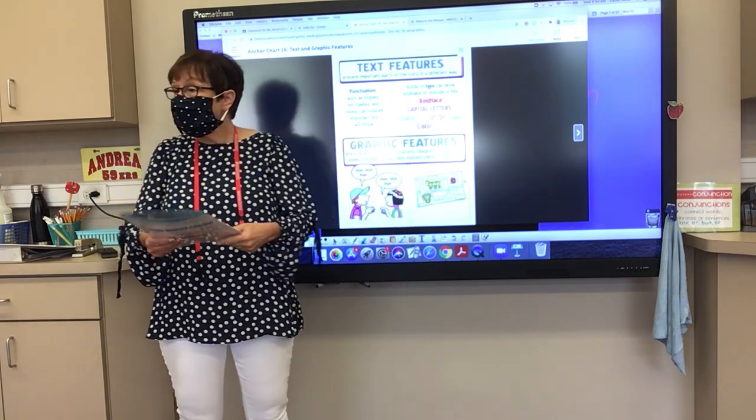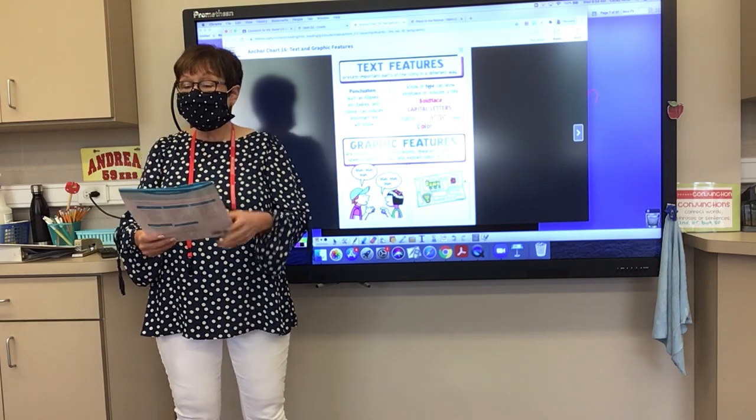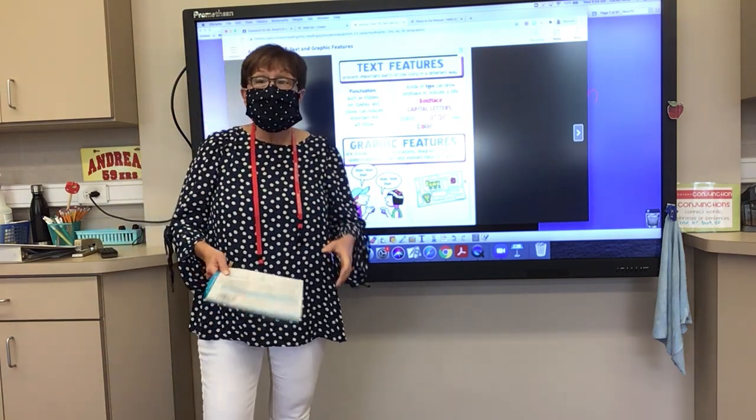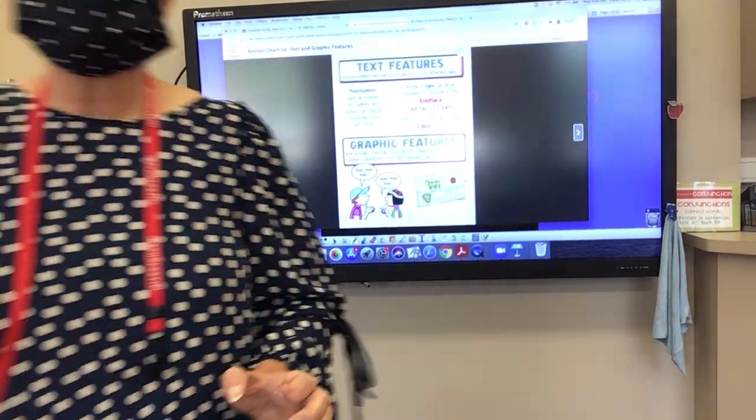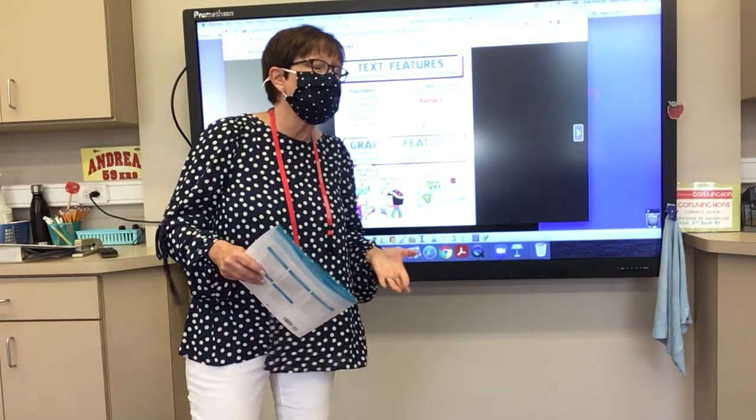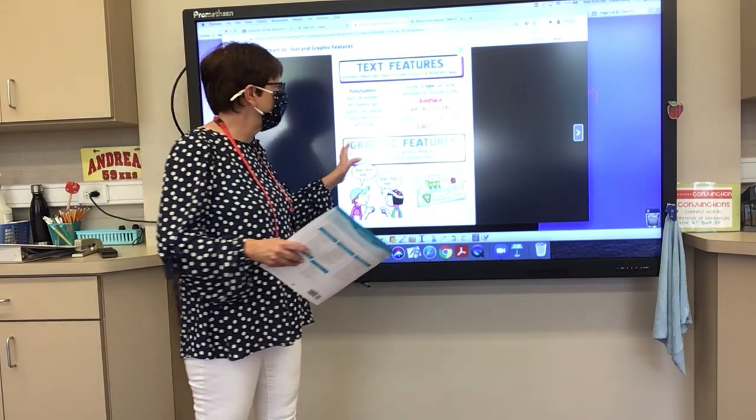Now today we're going to be reading a story called Percy to the Rescue. And we are going to be looking for text and graphic features in Percy to the Rescue.